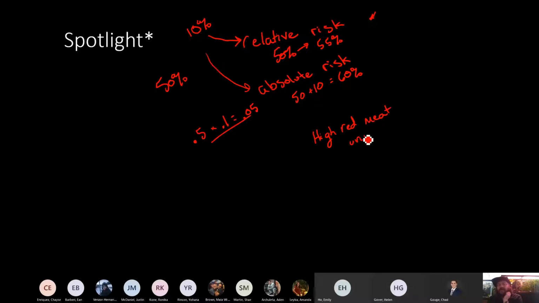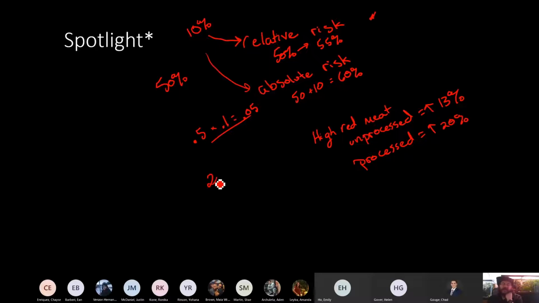For unprocessed meat, like if you eat a bunch of steaks or something, it is an increase of 13%. For a processed diet, like if you're chowing down all-beef hot dogs, I guess, it's an increase of 20%. And these sound terrifying, but these are also relative risks.